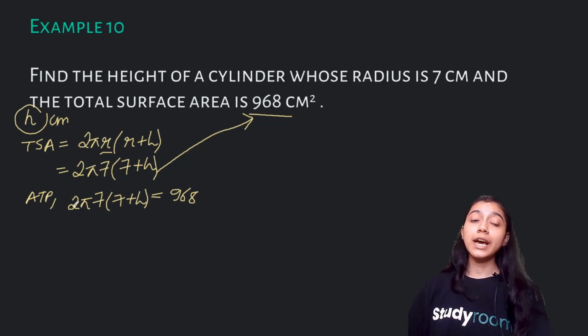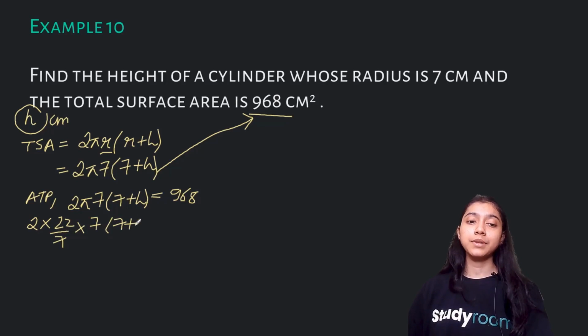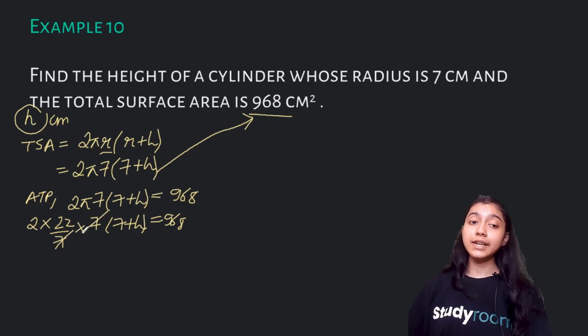So from over here we have 2 multiplied with pi multiplied with 7. So we have 2 into 22 by 7 multiplied with 7 and then (7 plus h) equals 968. This 7 will get cancelled off and then we are left with (7 plus h).